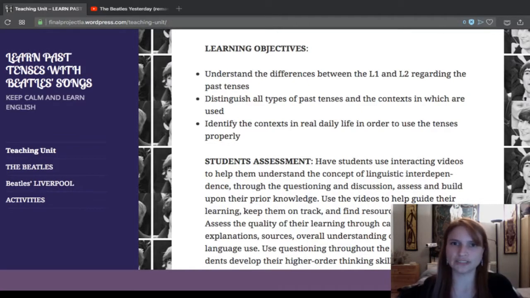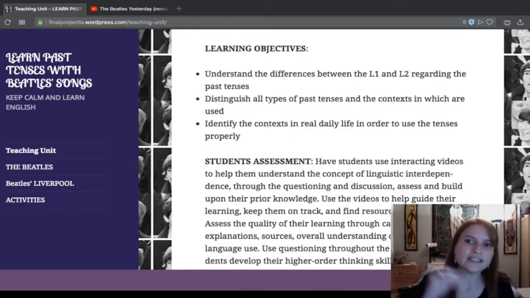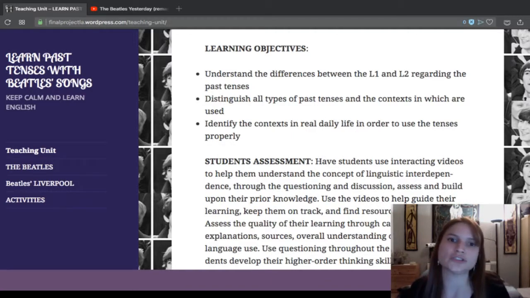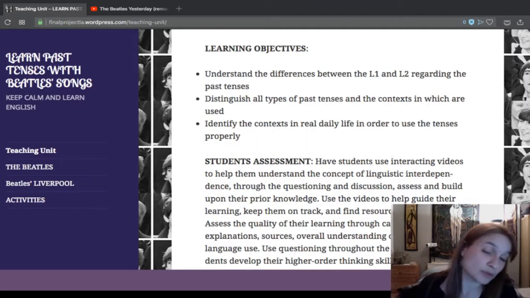It is very important to distinguish all types of past tenses and the contexts in which they are used, and to identify the context in real daily life in order to use tenses properly. So I always provide them with pragmatic examples.